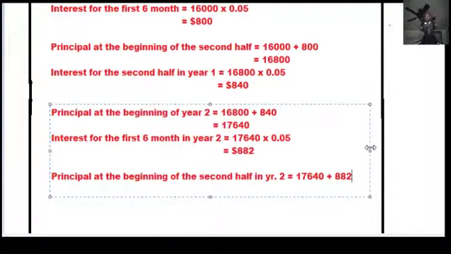Principal at the beginning of second half in year 2 equals $17,640 plus $882. This equals $18,522.